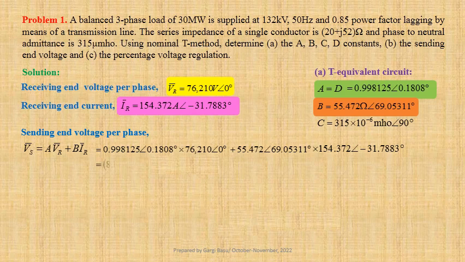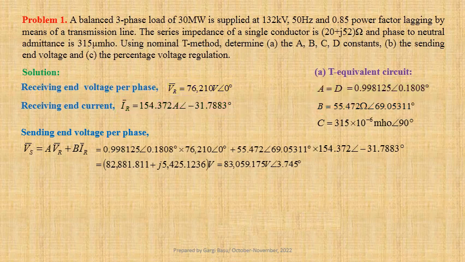That gives us 82,881.811 plus j5,425.1236 volt. This may be written in polar form as 83,059.175 volt at an angle 3.745 degree.